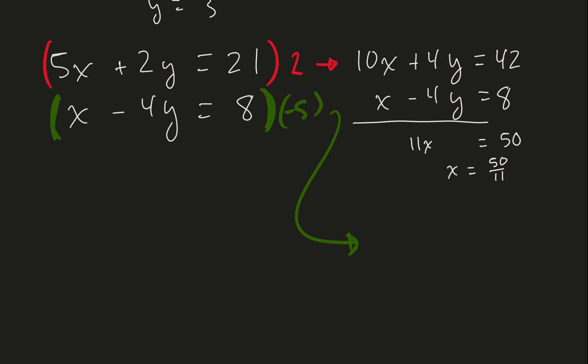So if I push through this negative, well, let's rewrite the top equation because that's not going to change. The top equation is 5x plus 2y equals 21. The bottom equation is going to become minus 5x, and then I've got a -5 times a -4, which would be plus 20y, I think. And then I've got a -5 times an 8, which would be -40.